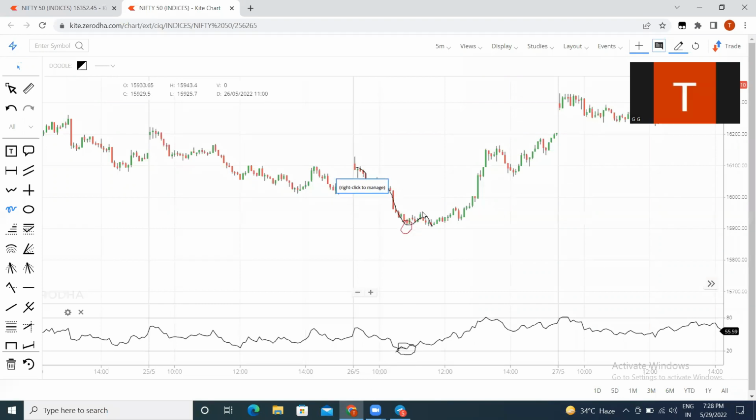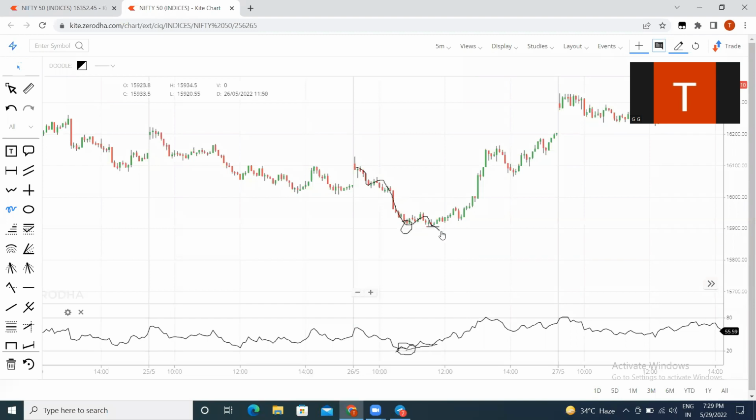But when the market made a new low here, RSI actually did not go down, it went up. This is a very clear case of divergence, when the RSI is going up and the market is going down. What it means is that the momentum at which the market is falling is slowing down.